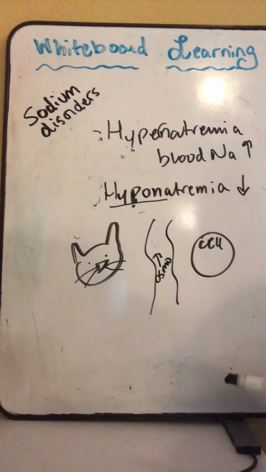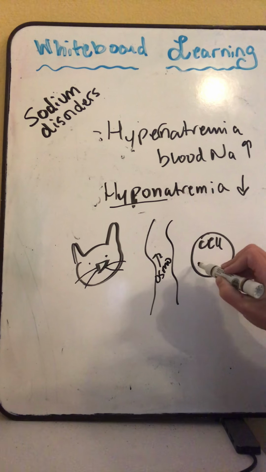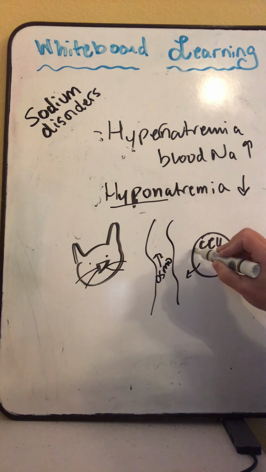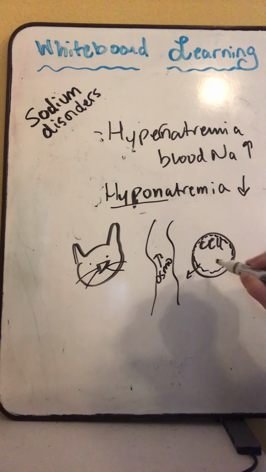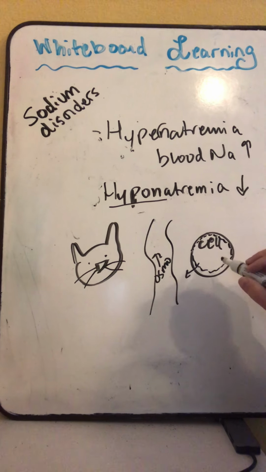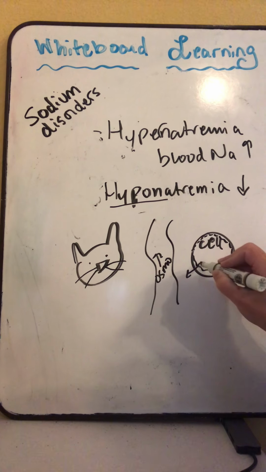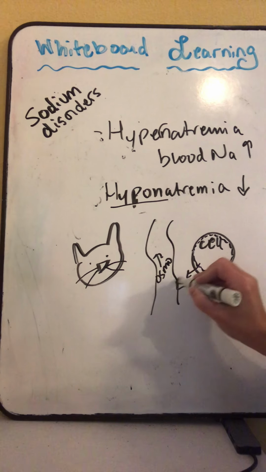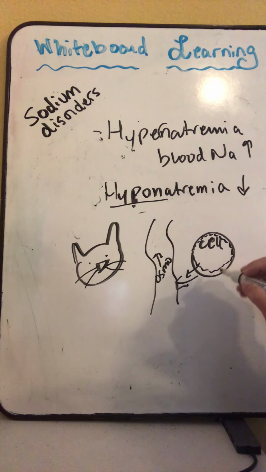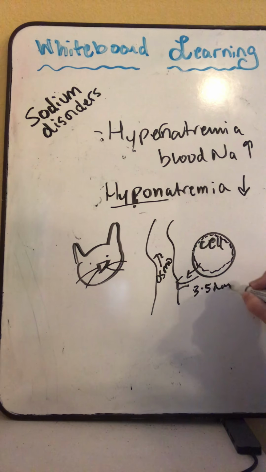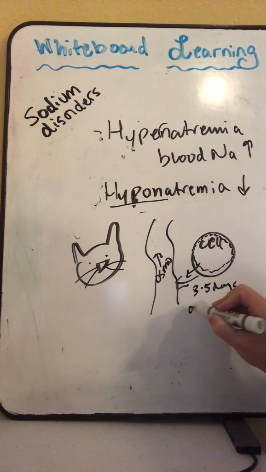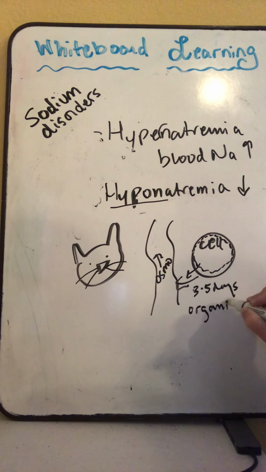Sorry for the barking dog. And it'll sense that it's starting to get a little bit smaller. And it says, that's not good. I need to maintain my size. I don't want to lose so much water all the time. And so if it happens slowly over like 3 to 5 days, it makes what's called organic osmolytes.